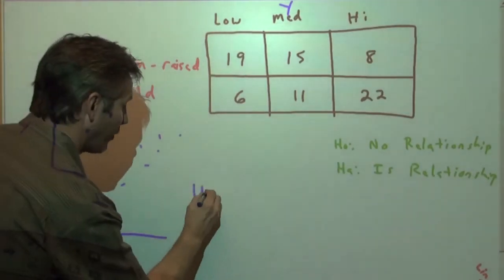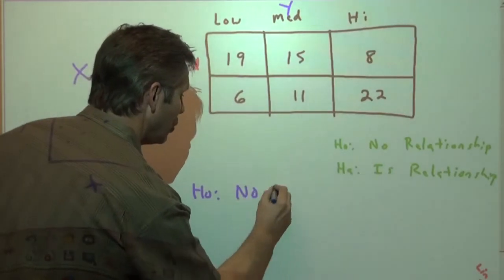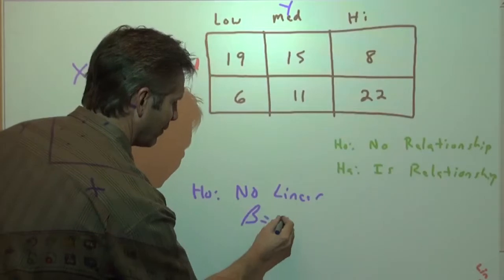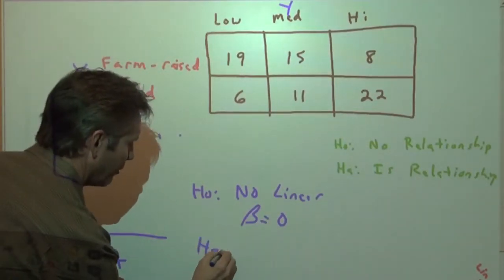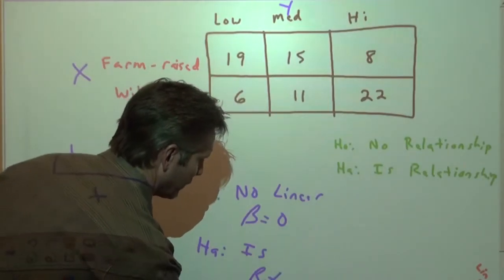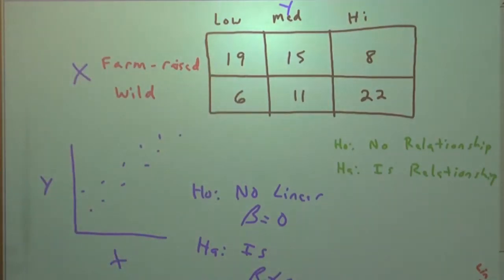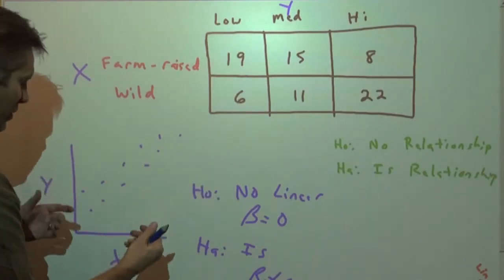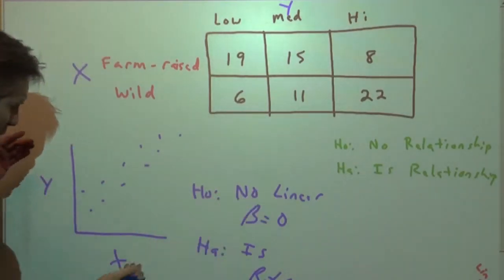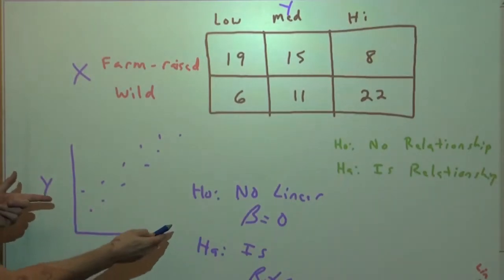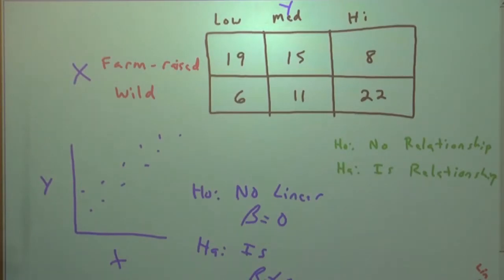The null would say that there is no linear relationship, which is to say that beta, the slope, is 0, and the alternative would be that there is a linear relationship, which is to say that beta is not equal to 0. So if you've studied this test by now, then you realize, oh, there's a connection. We're seeing if there's a relationship between two variables. If they're quantitative, we can see if there's a linear relationship. That's a linear regression t-test, data displayed in a scatter plot.